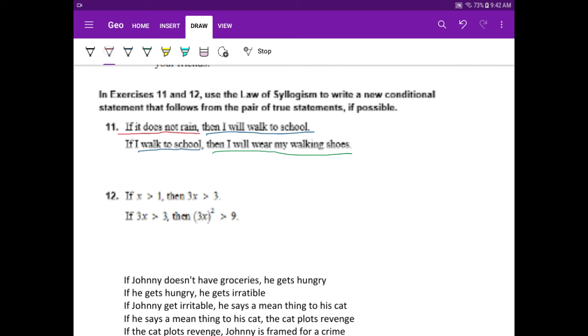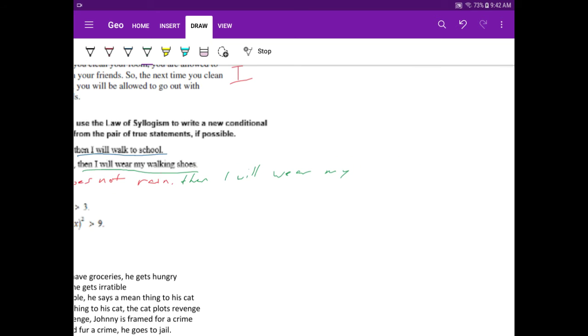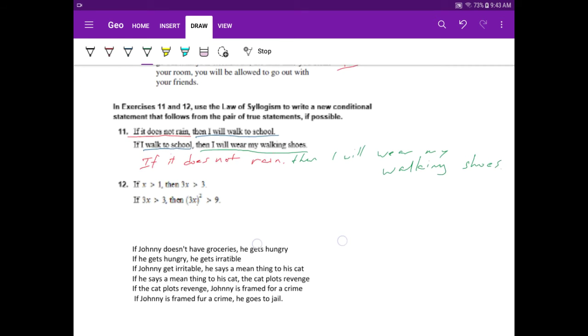So you take the red one: if it does not rain, then I will wear my walking shoes. There you go, there's that one.